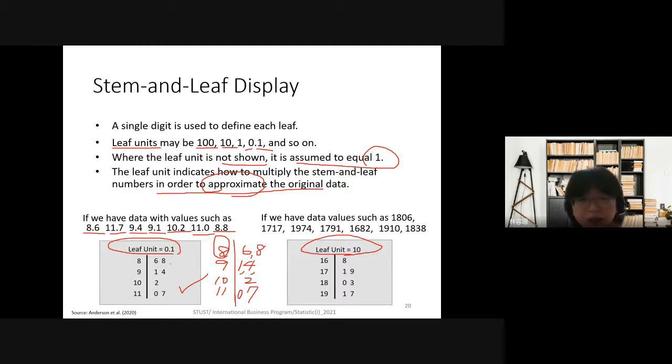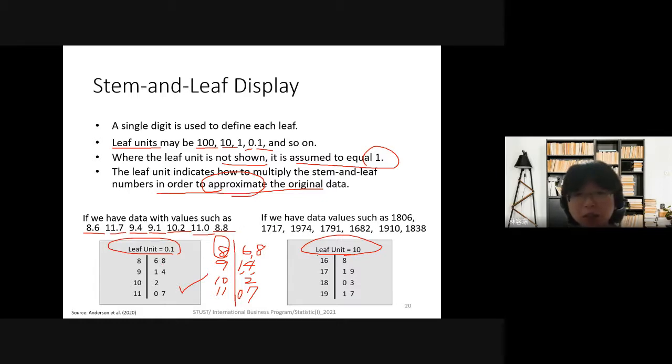So you will find the data can be expressed in the stem and leaf display, but you have to tell your customer, your boss, your audience, that the leaf unit is 0.1. Then they will know that 8.6 and 8.8 are in your data.